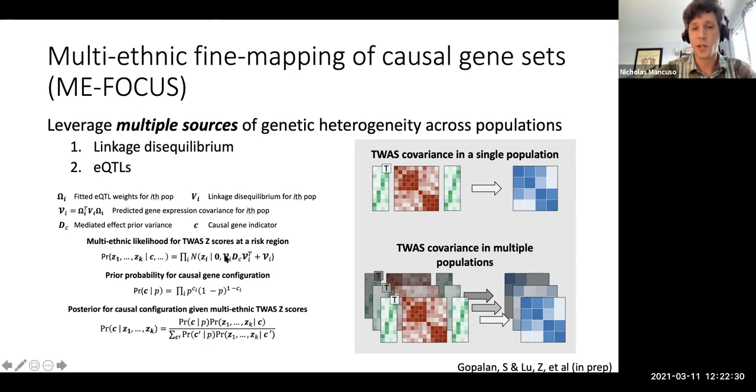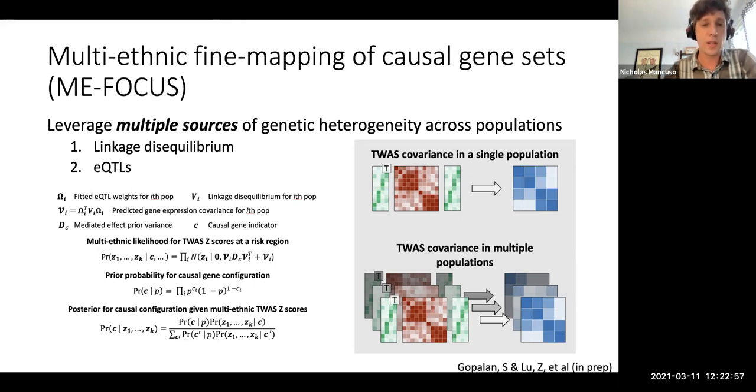Here we're using population-specific LD and population-specific eQTLs, and then they just factorize given what was causal. And again, we leverage the fact that we're more interested in the inverse problem, and we use Bayes' principle to say what's the posterior probability of any given gene explaining all of the TWAS summary statistics across these populations, right?